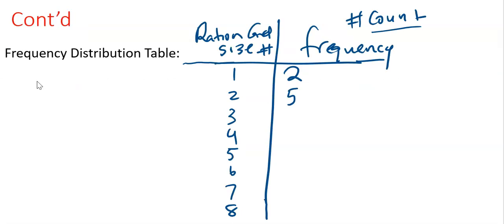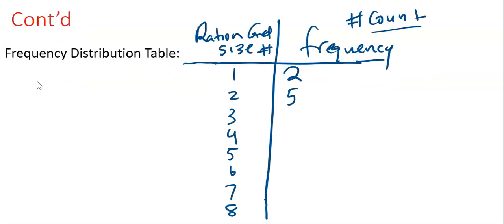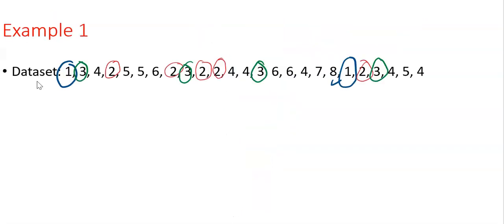And then we continue like that. How about 3? How many times did 3 appear? 3 is 1, 2, 3, 4, so 4 times here. What about 4?